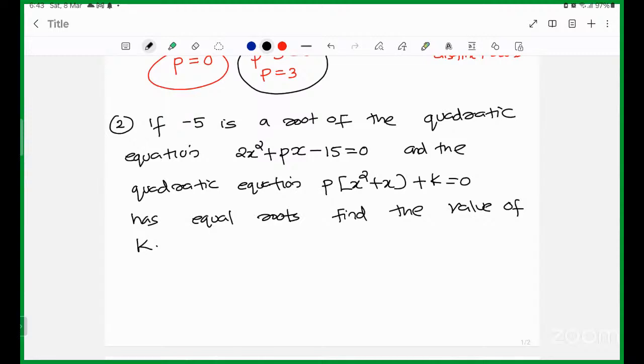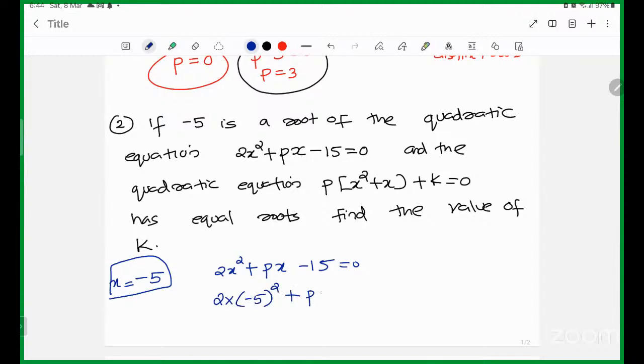First of all, minus 5 is the root of the quadratic equation 2x square plus px minus 15 equal to 0. That means x is equal to minus 5. If you put it, it should satisfy the equation. So 2 into minus 5 square plus p into minus 5 minus 15 equal to 0.